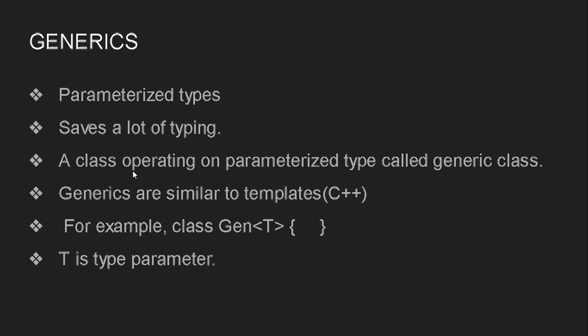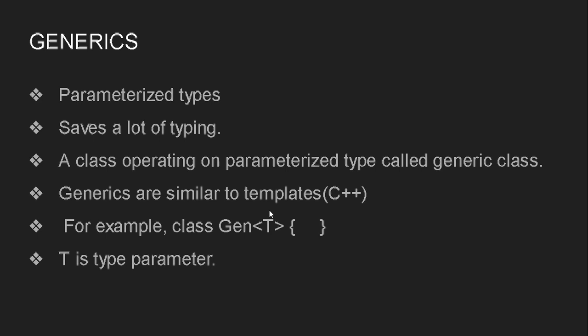Then the class which is operating on the parameterized type. This class Gen is operating on the parameterized type T. That means this Gen class is a generic class. Now one thing to remember is that generics are very similar to templates in C++, but even though they are similar, both of them are not equal to each other.